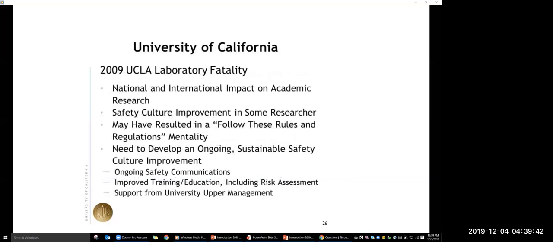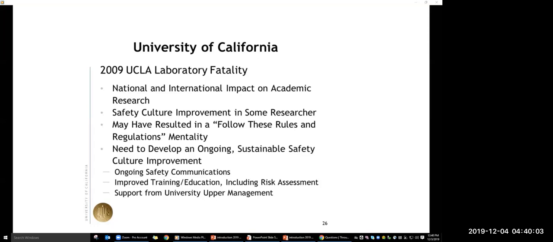The unfortunate 2009 laboratory fatality at UCLA had a massive impact on academic research laboratories, not only in the U.S., but also internationally. It pushed some researchers to improve laboratory safety culture to prevent similar accidents.